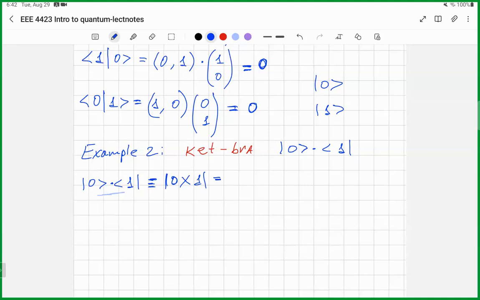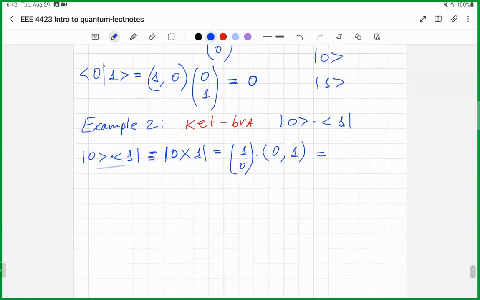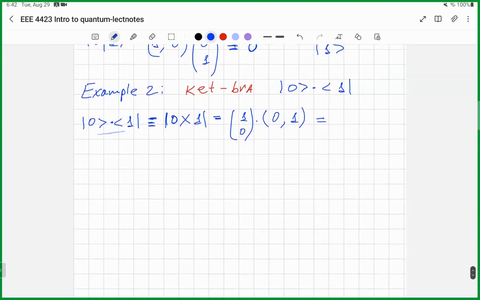construct, right? So for the 0 state, and this is cat, so it's a column. For the column 0, I get 1, 0, and then times for the bra 1, I get 0, 1. So now I have the first vector is column, the second is row. So again, I have to multiply 1 by the first element, but I have basically only one component in the row of the first element.